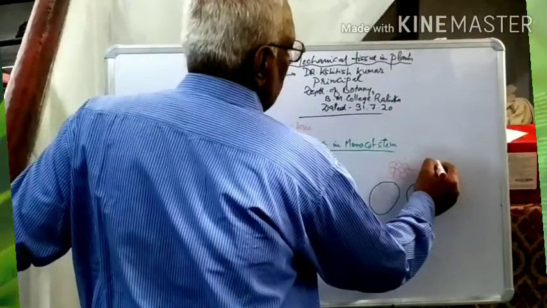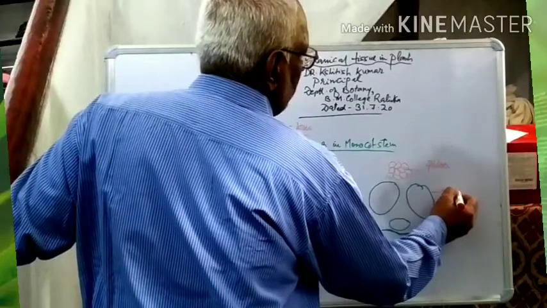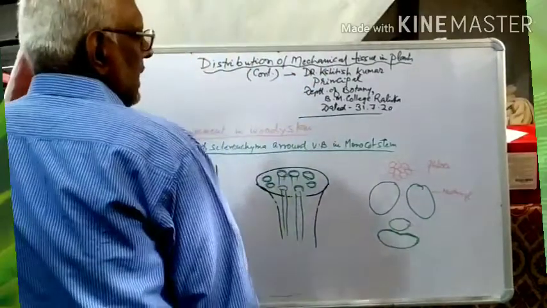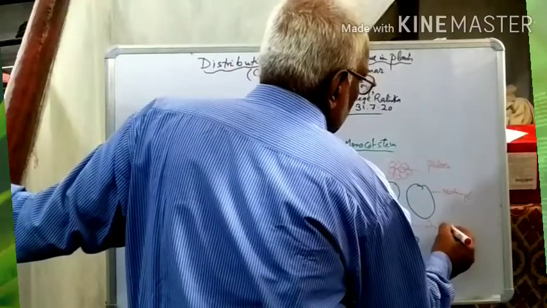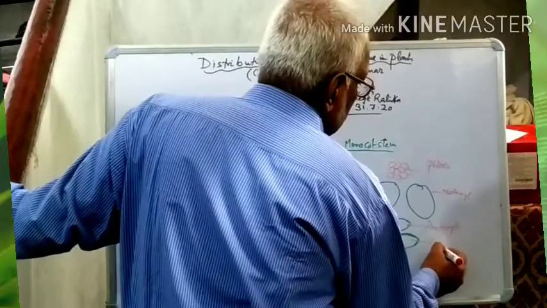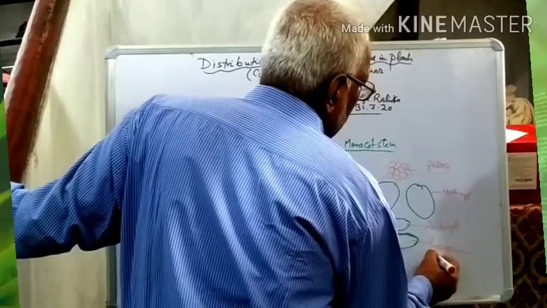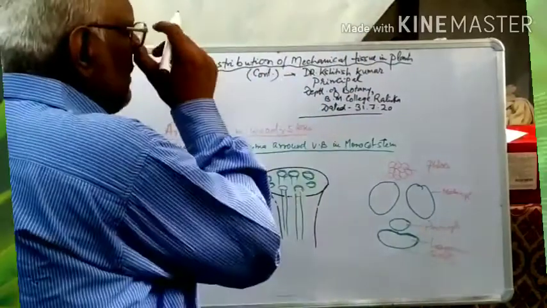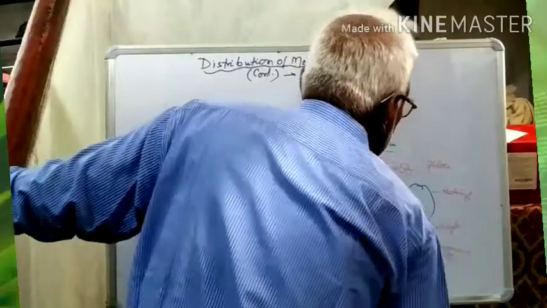That is the metaxylem, and that is the protoxylem having annular and spiral thickening, and this is the lysigenous cavity, in which watery materials are found due to decomposition of the cells.